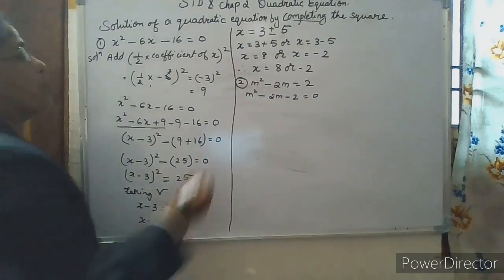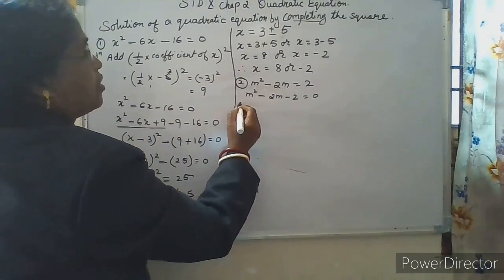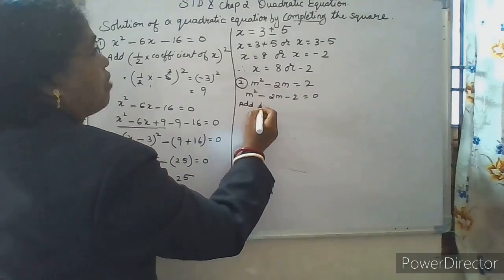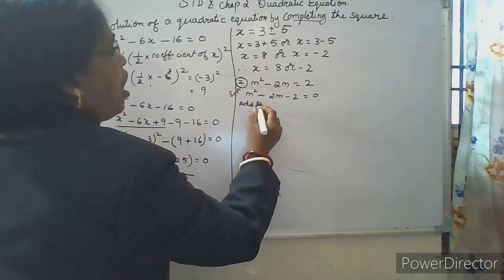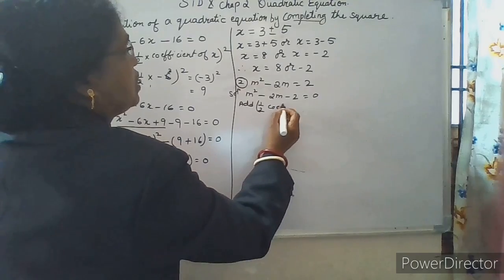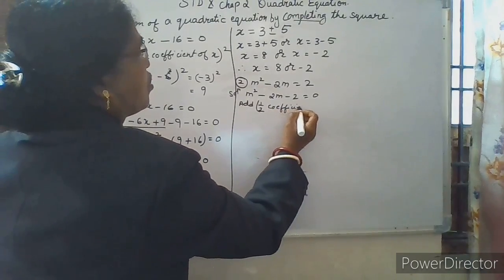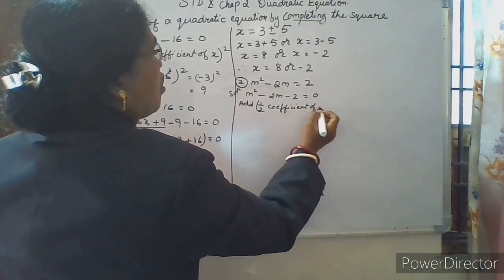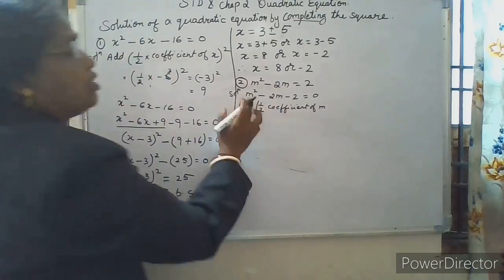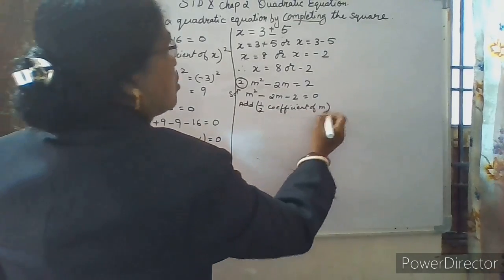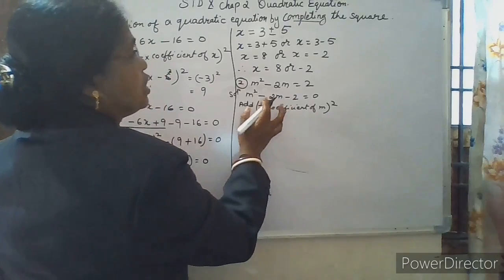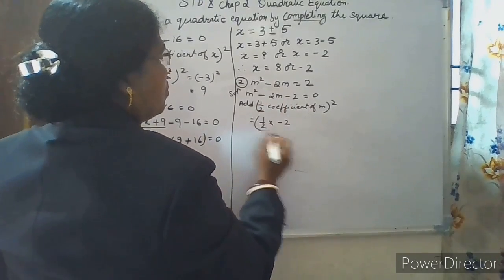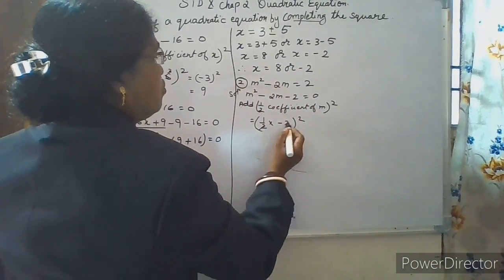Now what do we have to add here? Add half into the coefficient of m, here the variable is m, the whole square. So it is half into the coefficient of m, which is minus 2, the whole square.